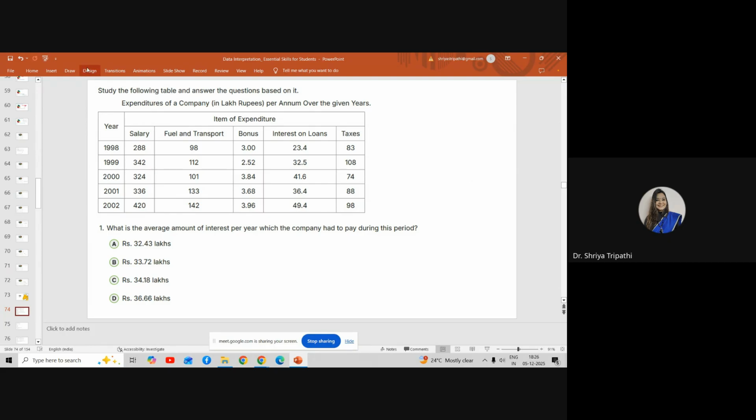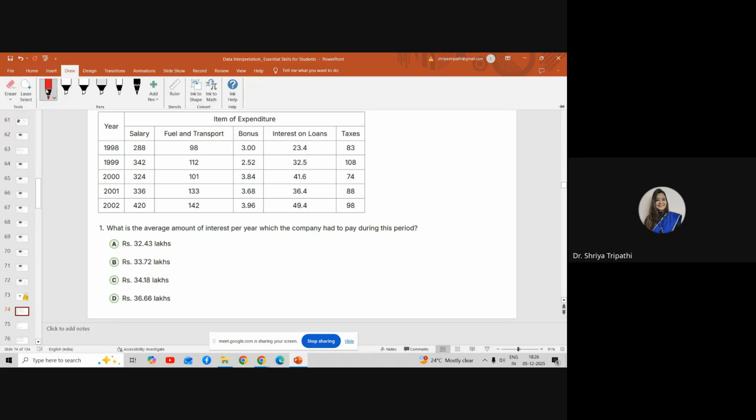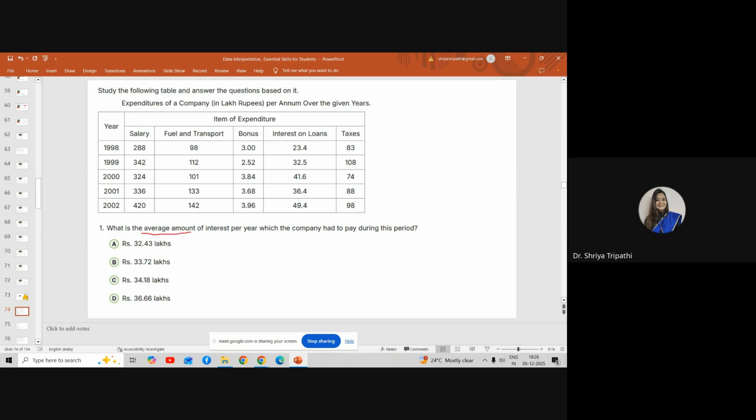Average amount. Focus on the word average over here. Average amount of interest per year. This is my column, interest on loans.